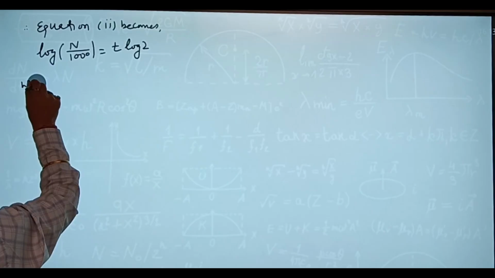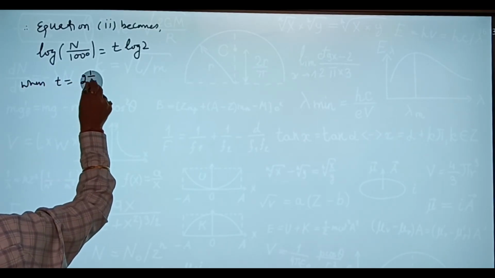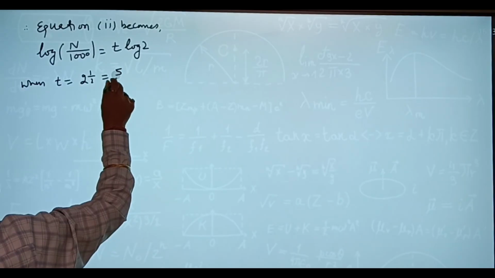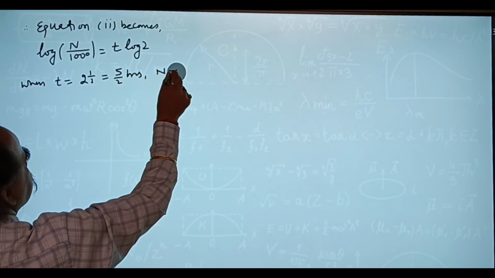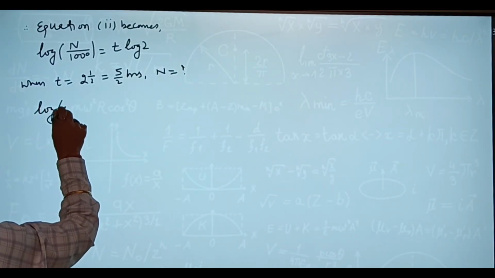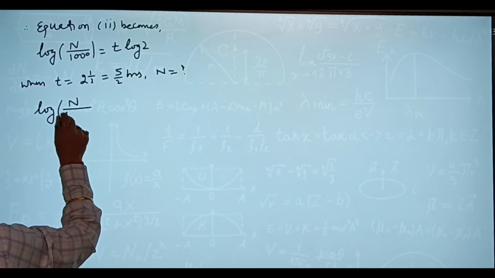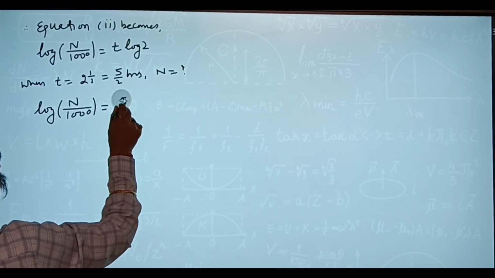When t is, that is 5 by 2 hours, N is question mark. Log of n upon 1000 is equal to 5 by 2 log 2.